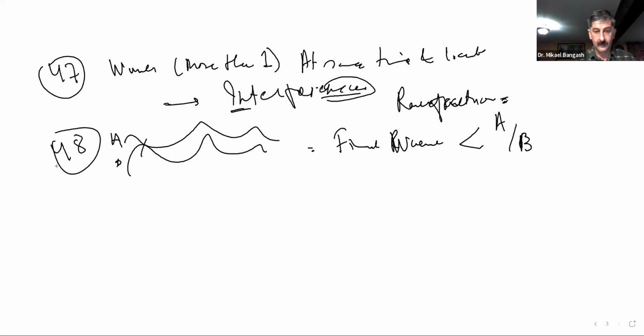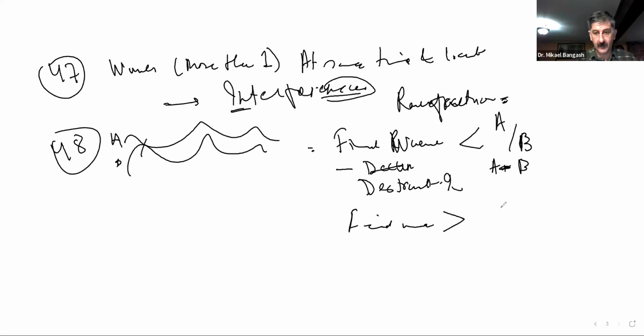that is because maybe A was subtracted from B or B subtracted from A, whichever. And that is what we call destructive interference. Had it been opposite, where the final wave is greater than either A or B, then that would mean we have constructive interference.